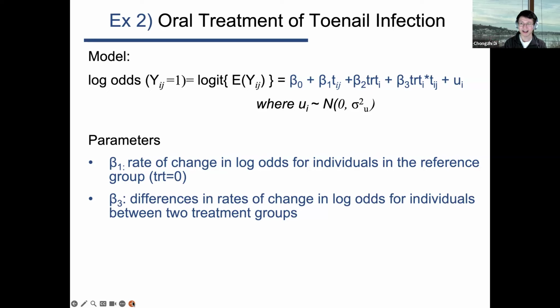So I think with this particular data set, maybe there's not enough information for us to reliably estimate a random intercept and a random slope model. That's why I'm presenting it here. But I do want to say that when you go to binary data, there are additional challenges, like computational challenges in model fitting.